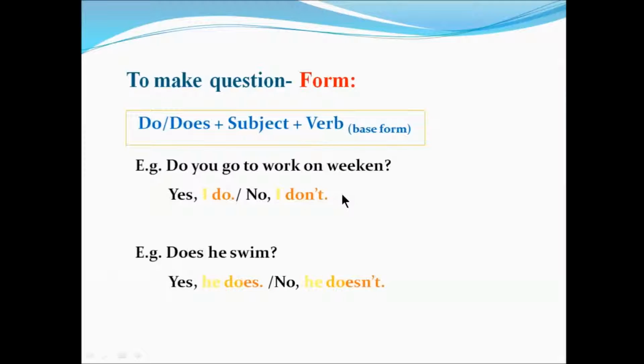Just remember. And does he swim? So the answer can be yes or no. Yes, he does, or no, he doesn't. Just remember, when you use the third person singular, as we have been mentioning, there must be an s added to the main verb.